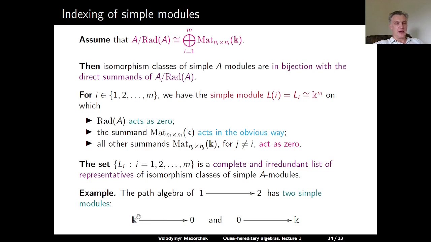So we have the module K at the vertex 1, 0 at the vertex 2, and the 0 map between them. And we have the simple module 0 at the vertex 1, K at the vertex 2, and the 0 map between them. These are the two simple modules over our path algebra up to isomorphism.